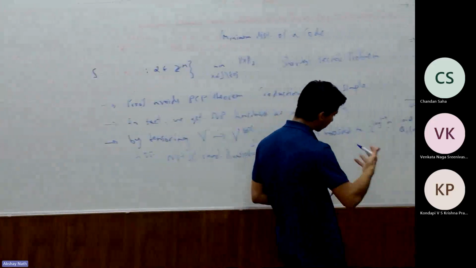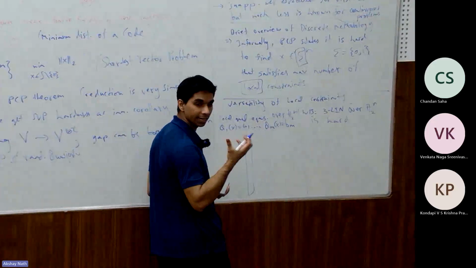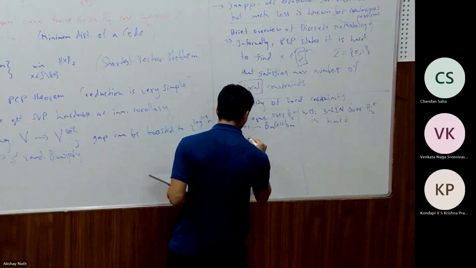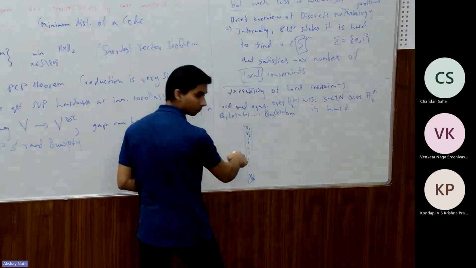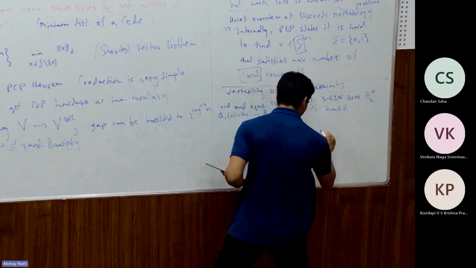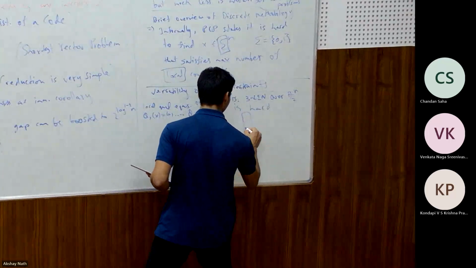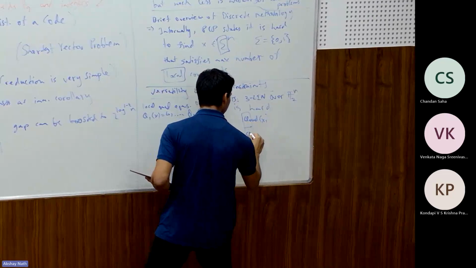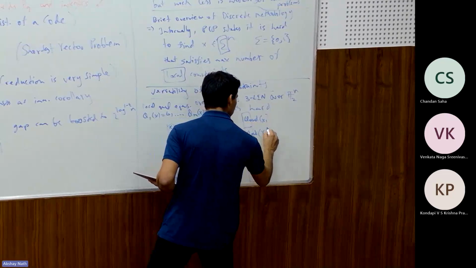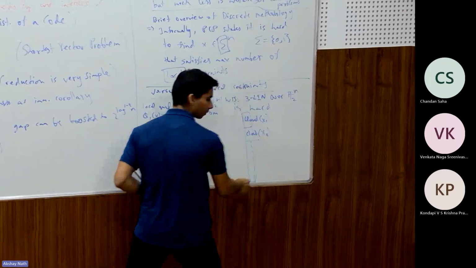So the typical paradigm here, this local gadget reduction paradigm, is that you replace each variable in your original instance by a cloud of variables. So a cloud of new variables, cloud of x1, cloud of x2, and so on.